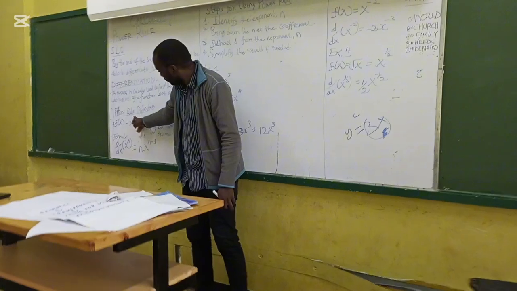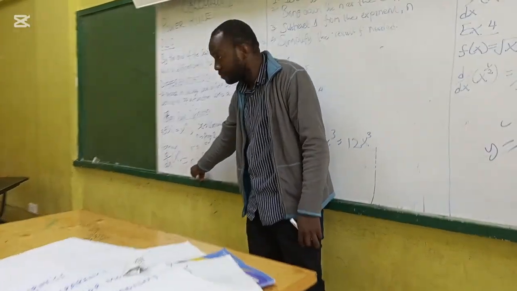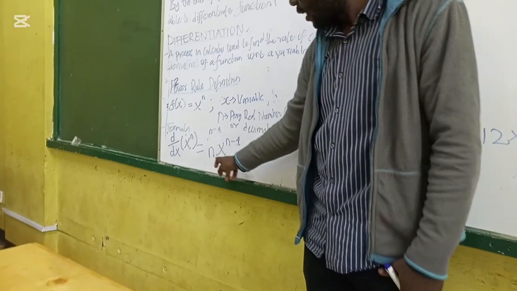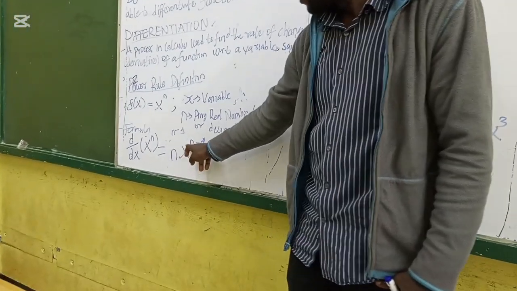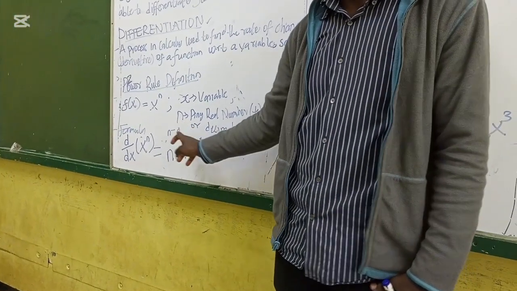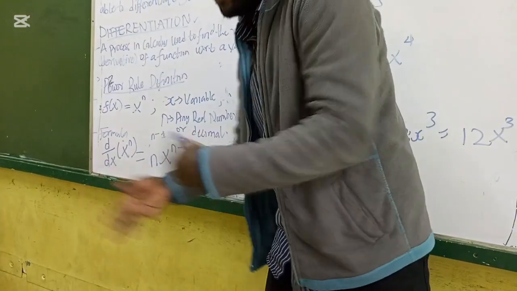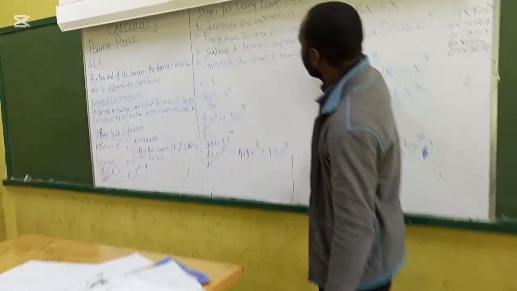This n here, now let the variable x, and then you rewrite the x, then you subtract 1 from the exponent. We'll do it practically. So this is just typically the process.